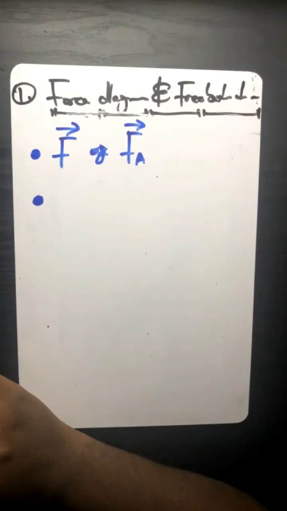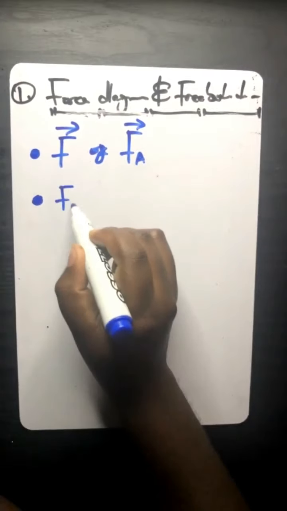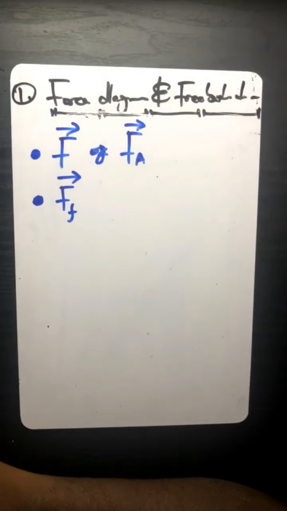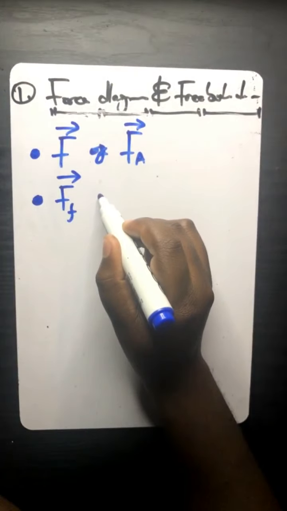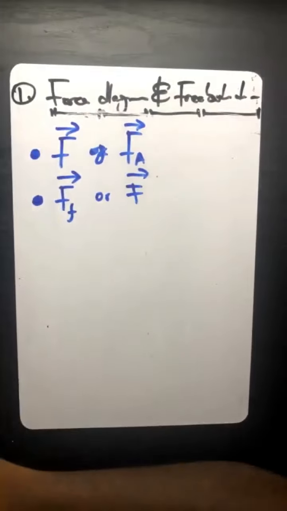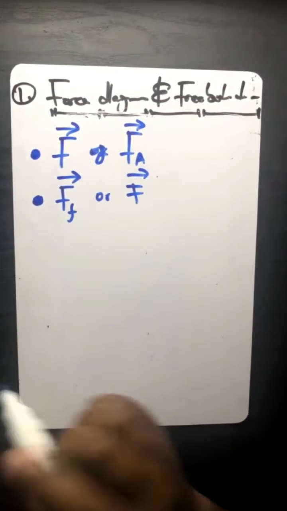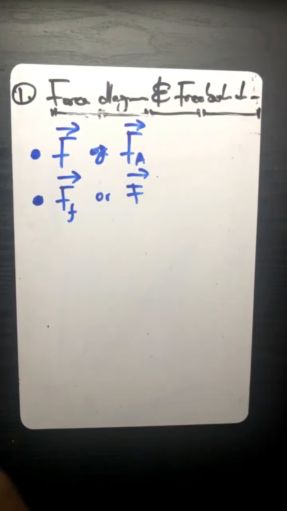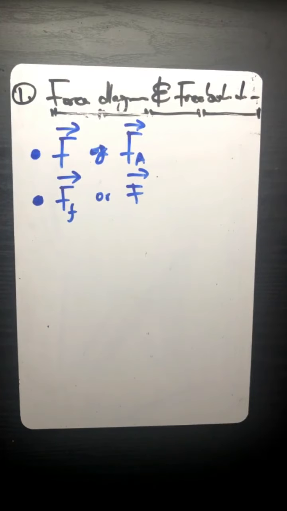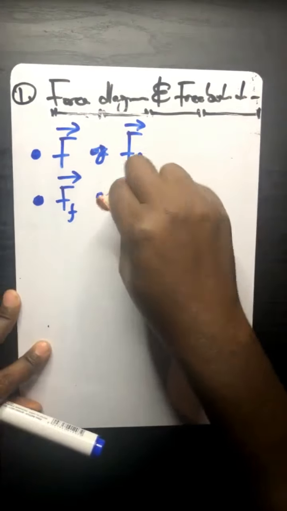The second one that I want to talk about is the frictional force. You can represent the frictional force in that way, or otherwise just as a small letter f, not a capital letter F, because a capital F looks the same as an applied force.